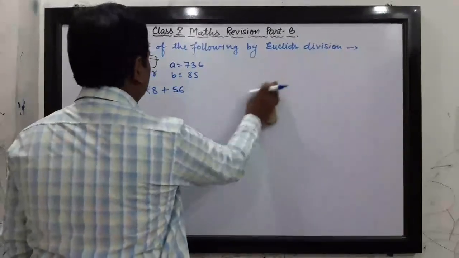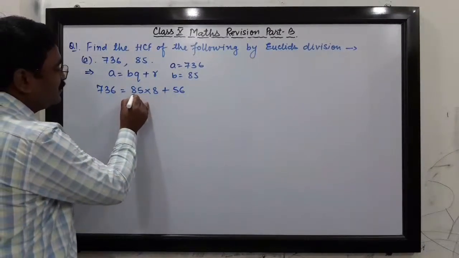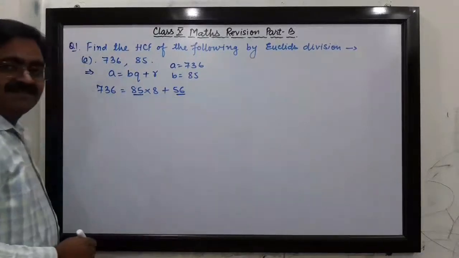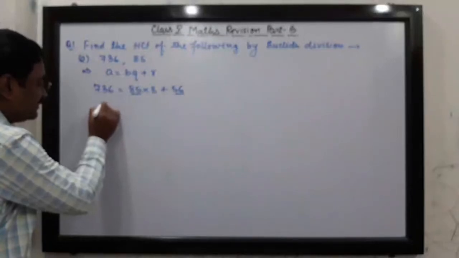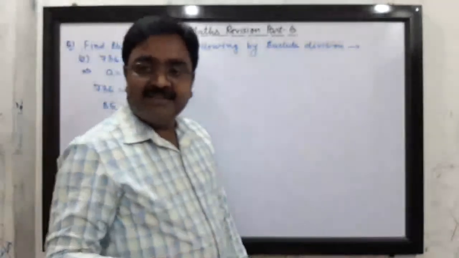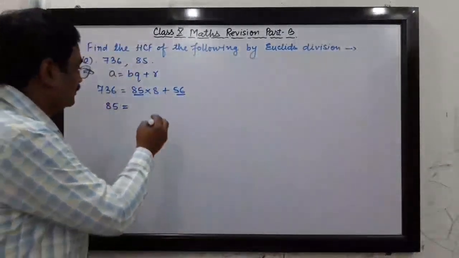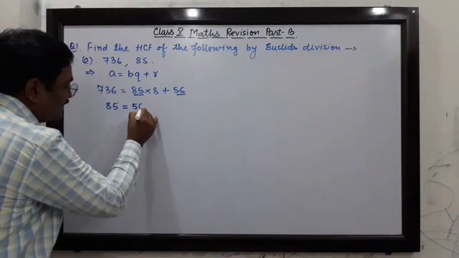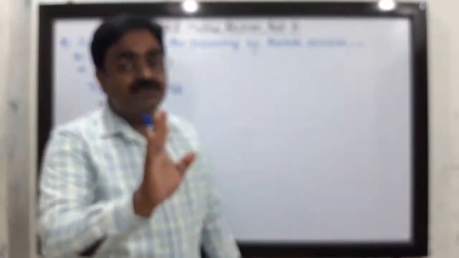Right friends? Now the next part is given. Next, the divisor is going to be divided by this remainder. In this next step we are going to take 85 as the dividend and 56 as the divisor. As I told you earlier, if you have any confusion, you can divide it.